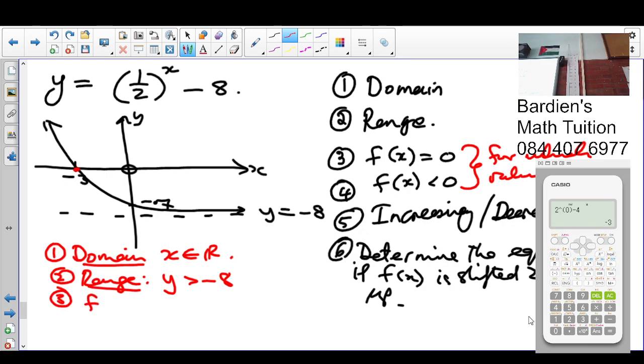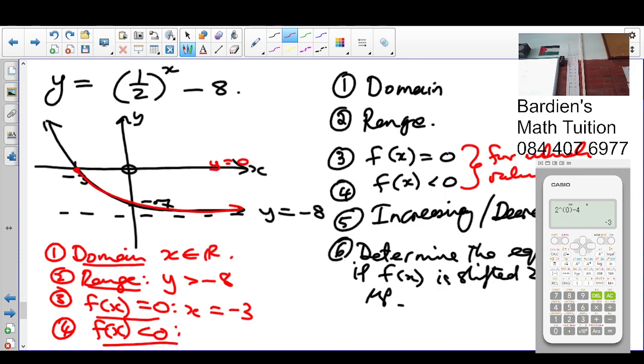X is equal to negative 3. Where is f of x less than 0? In other words, where it's lower than the y equals 0 line. It's from negative 3 onwards. So in other words, x must be more than negative 3. Is this graph increasing or decreasing? Decreasing.